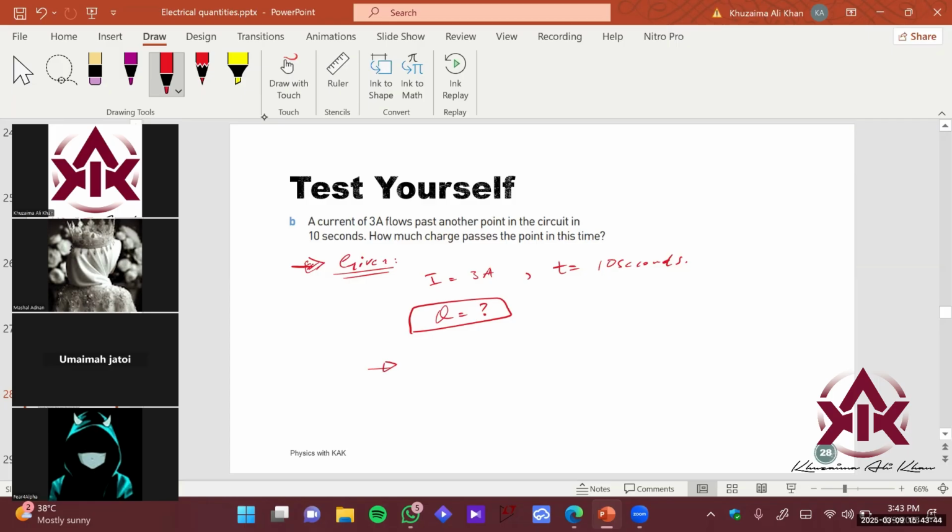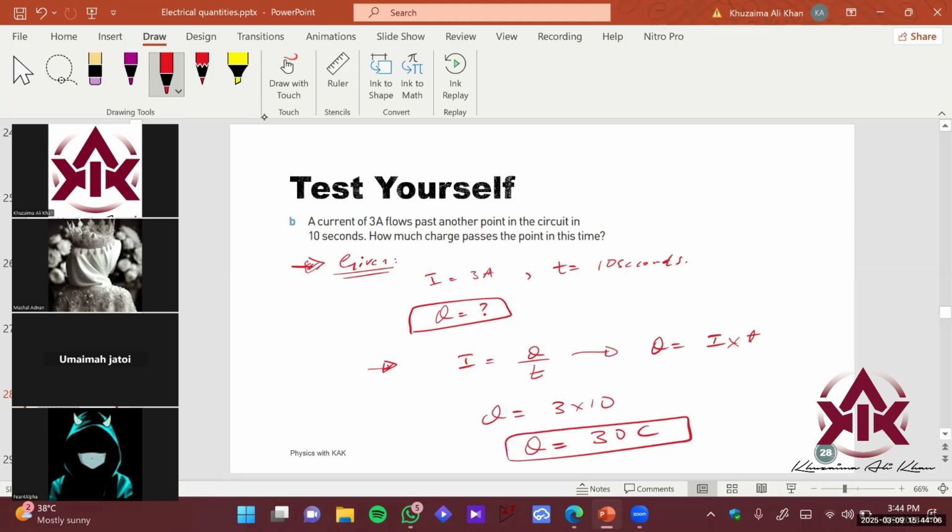So first of all, you should write down the formula here. The current is the rate of flow of charge. You can make Q the subject over here. Q is going to be current times time. Just put in the values here. That is going to be 3 times 10. So the charge that is flowing through the circuit for 10 seconds is 30 coulombs. Okay, this is your answer here.